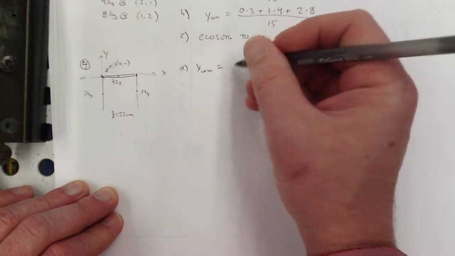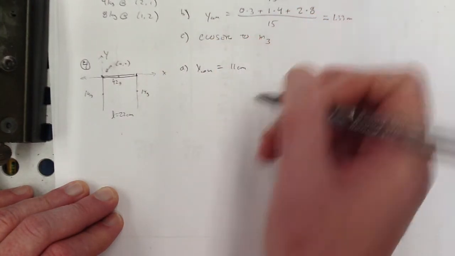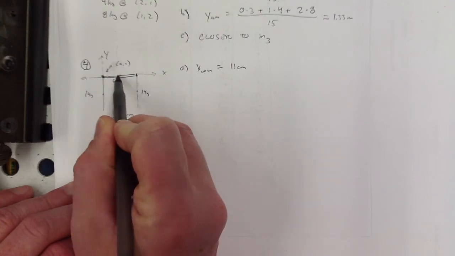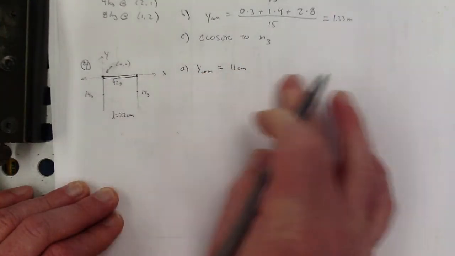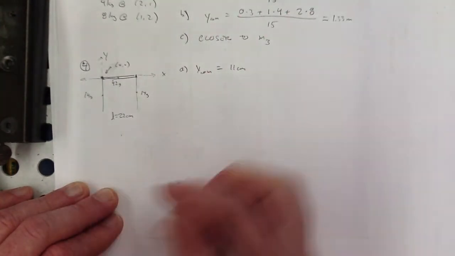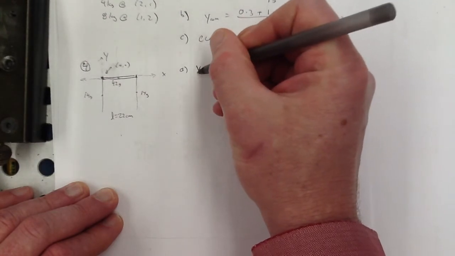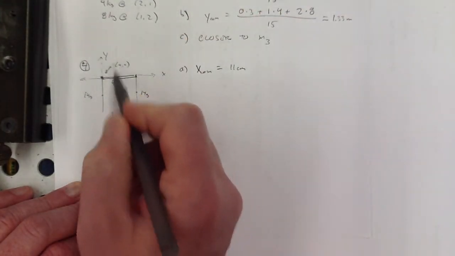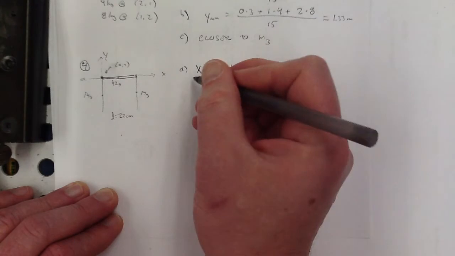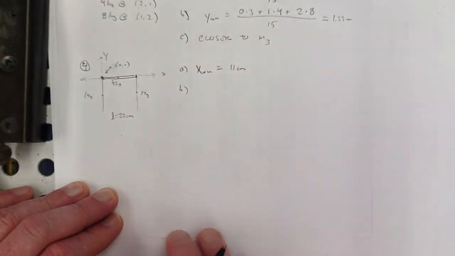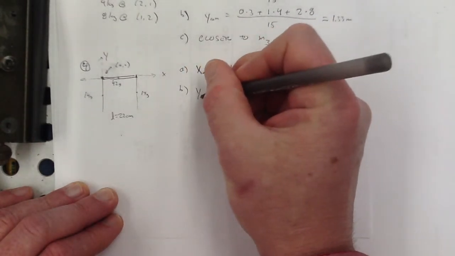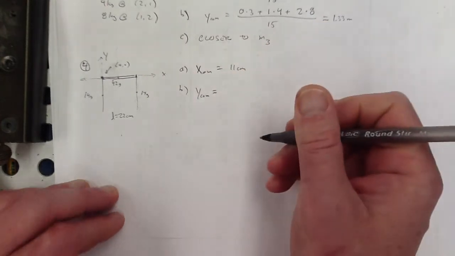So the x coordinate is at 11 centimeters, if that's the origin, right? Half of that. You can set up the math if you want. Maybe you already did and you're checking it now. But I can just see here by inspection that that has that axis of symmetry, so I don't need to do that. This one I am going to need to do.